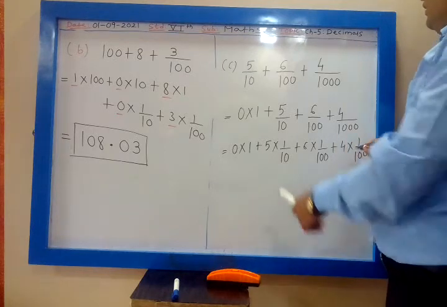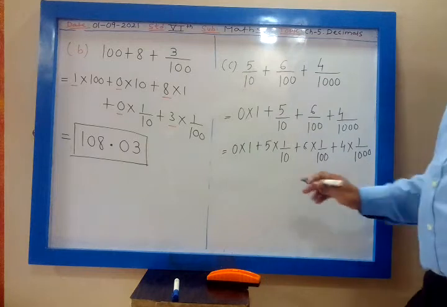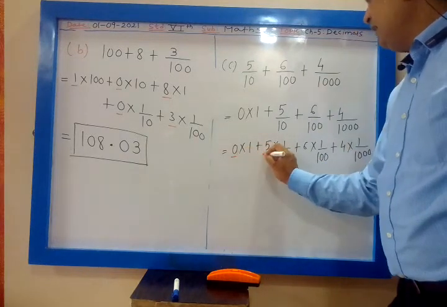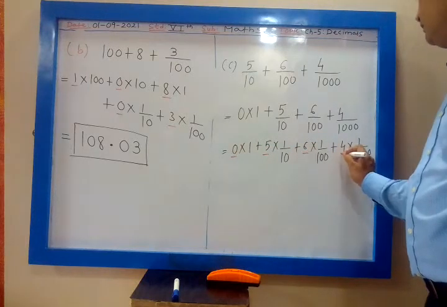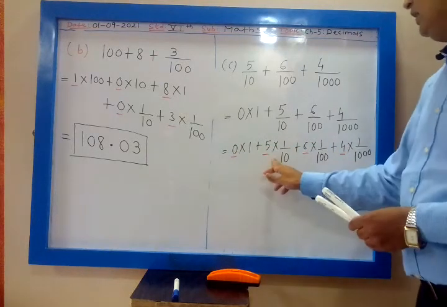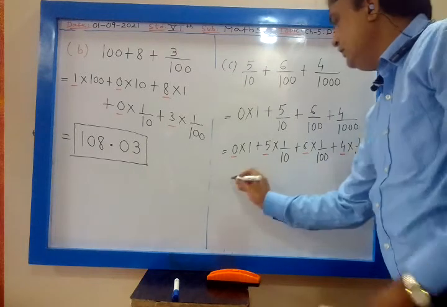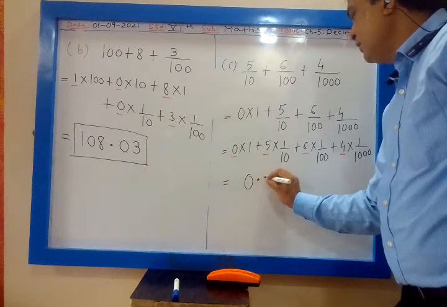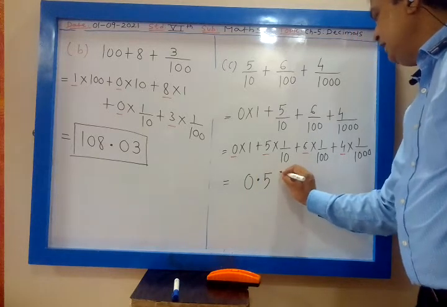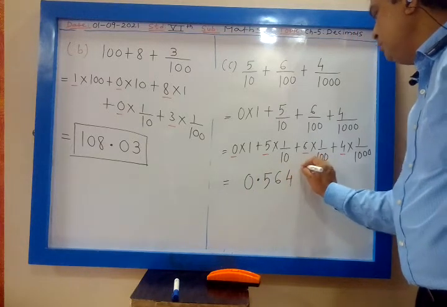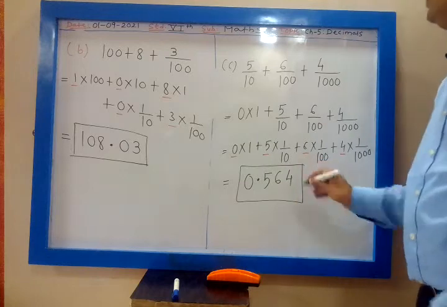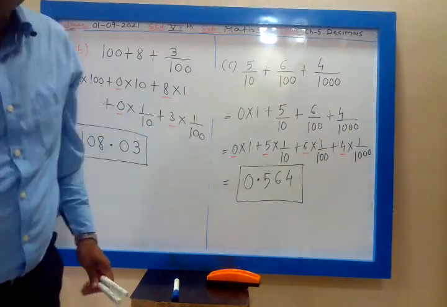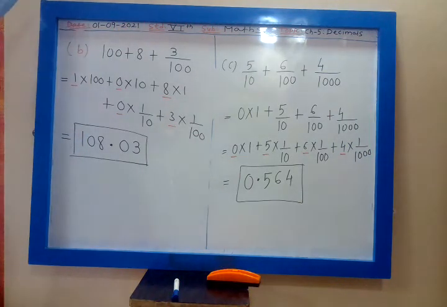For ones I will take 0, then 5, 6, 4. Before tenths we have the decimal point, so 0.564 is the answer.